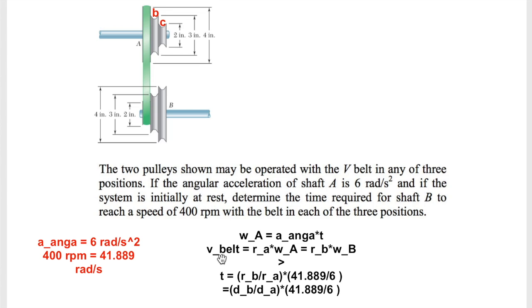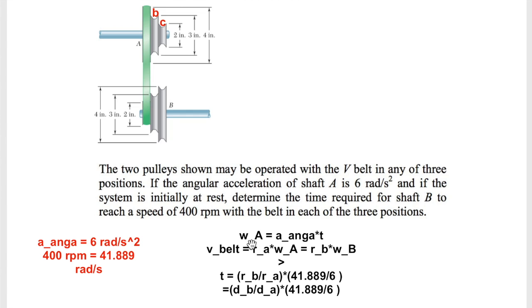We know that the velocity of the belt equals the radius of A times the angular velocity of A, and it could also equal the radius of B times the angular velocity of B.